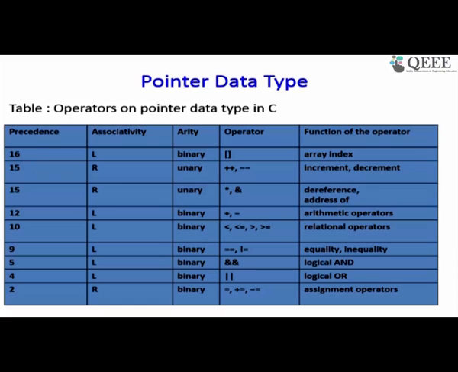You can do minimal addition and subtraction, but no other arithmetic. You can dereference, and you can take address. You can do unary plus plus and minus minus. And of course, if you have an array of pointers, then you can use the pointer. So very few operators are allowed, and even then some of these can give you problems.